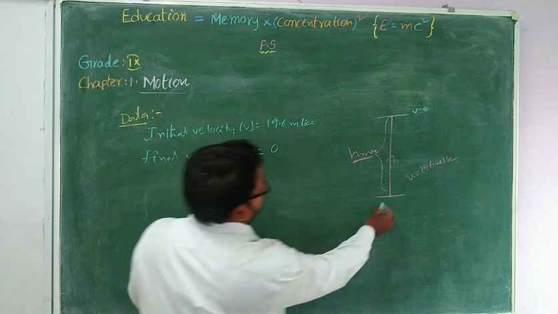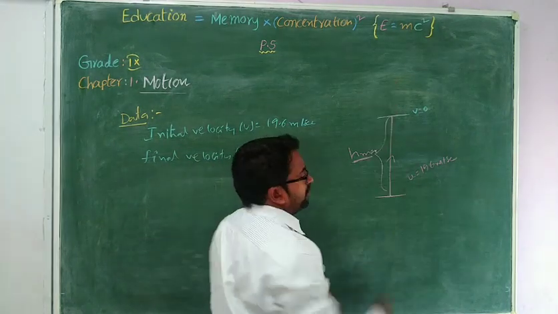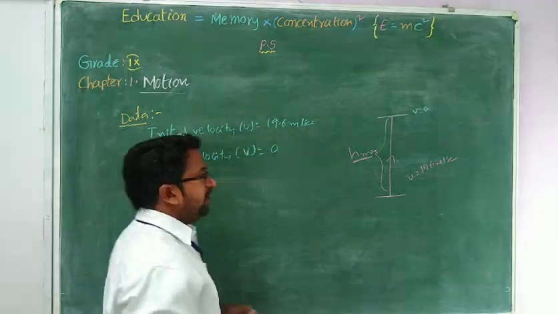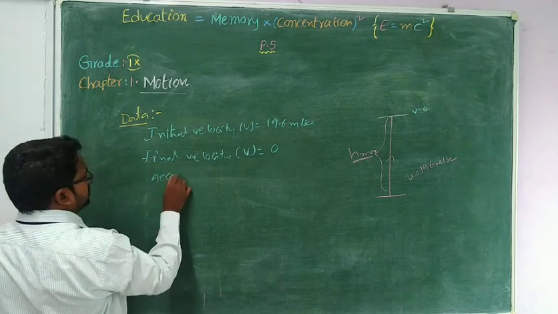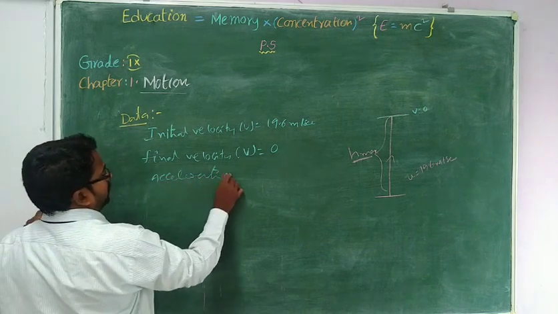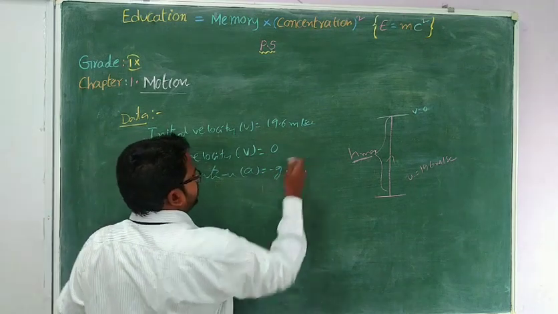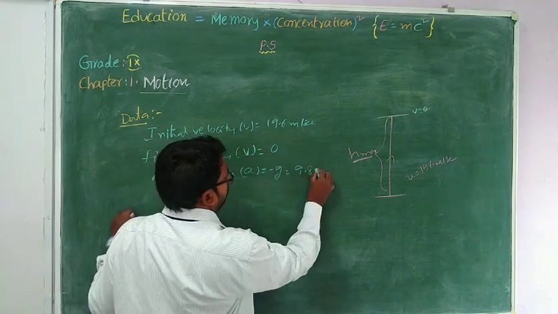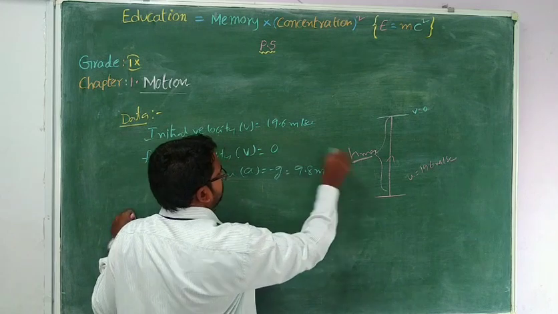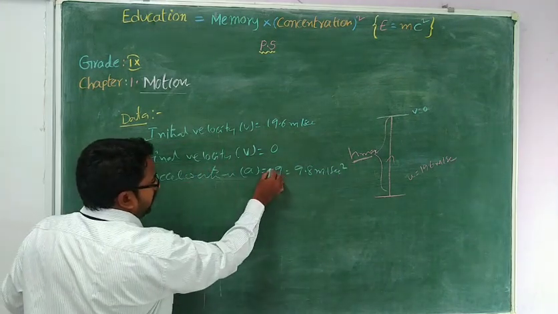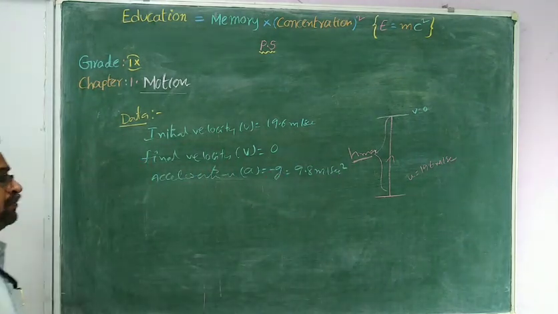And the object is moving vertically up, so acceleration is also given: a equals minus g. What is the acceleration due to gravity? 9.8 meter per second square, negative. Don't forget about that.